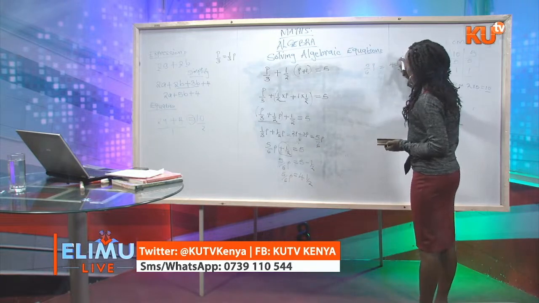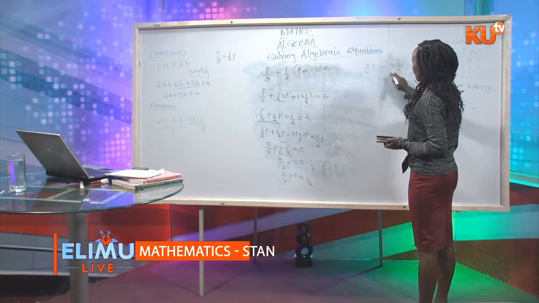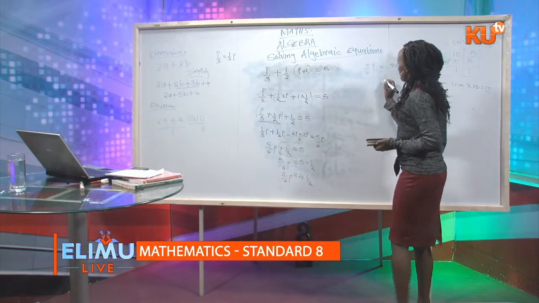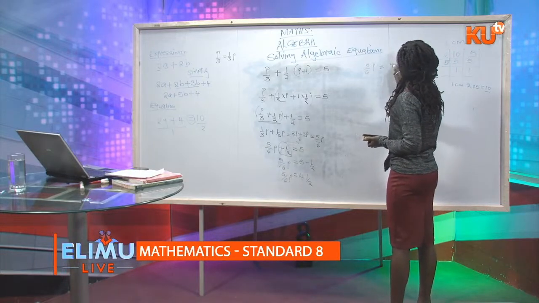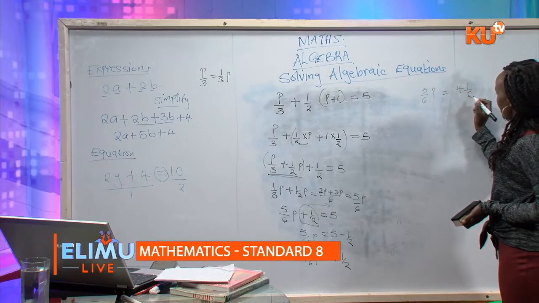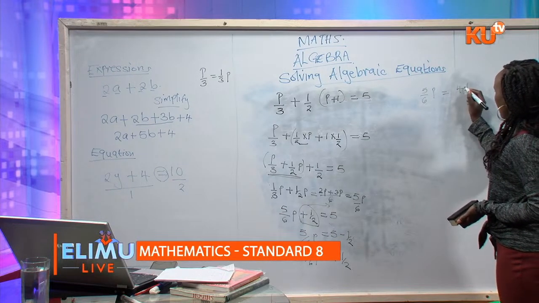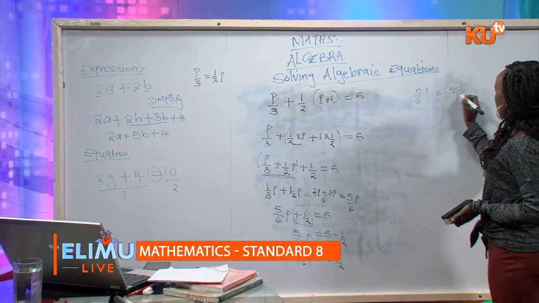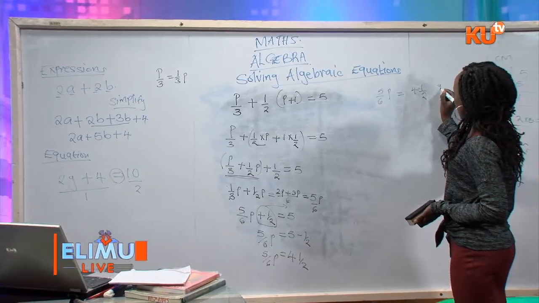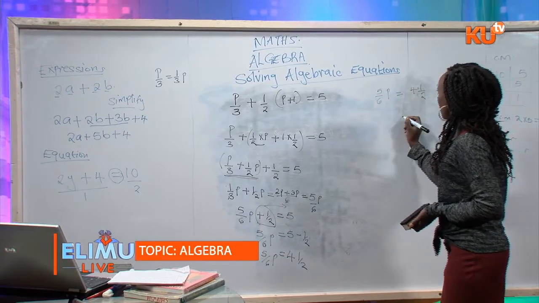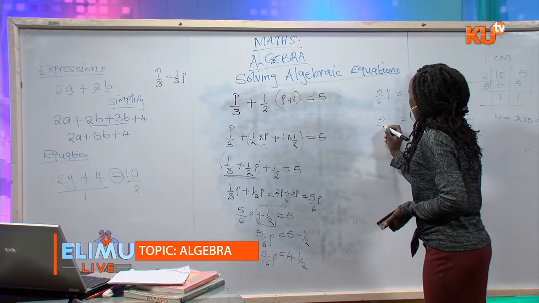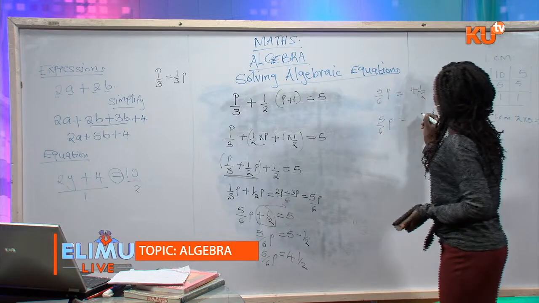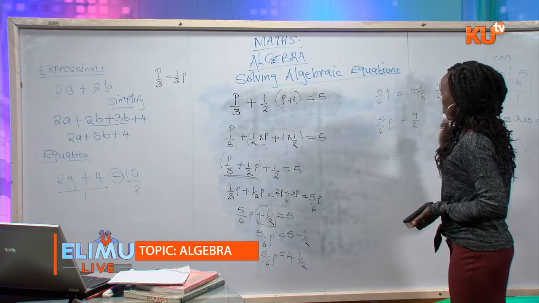So we can start by changing this number into an improper fraction even before we get the value of P. We take the whole number times the denominator, and the answer we add to 1. So 4 times 2 is 8, 8 plus 1, we get 9 over 2. So 5 over 6 P is equal to 9 over 2.